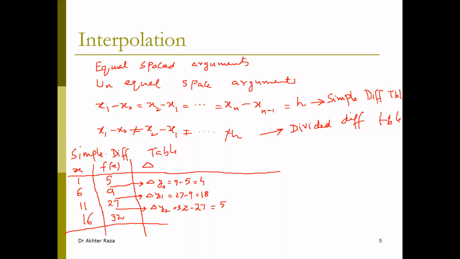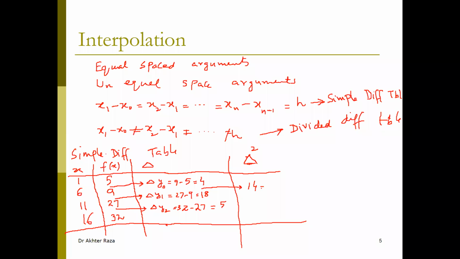Now second order simple differences can be calculated by delta square. This delta square can be computed by the difference of these two and will be put in between these two. 18 minus 4 is 14.